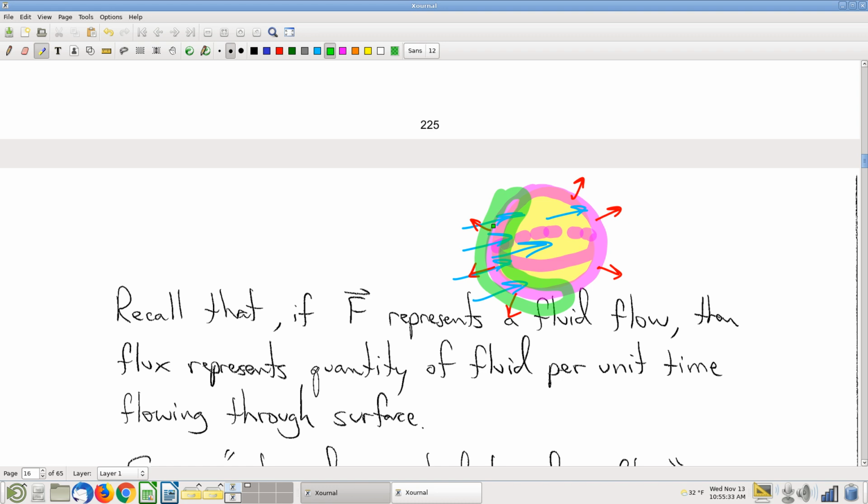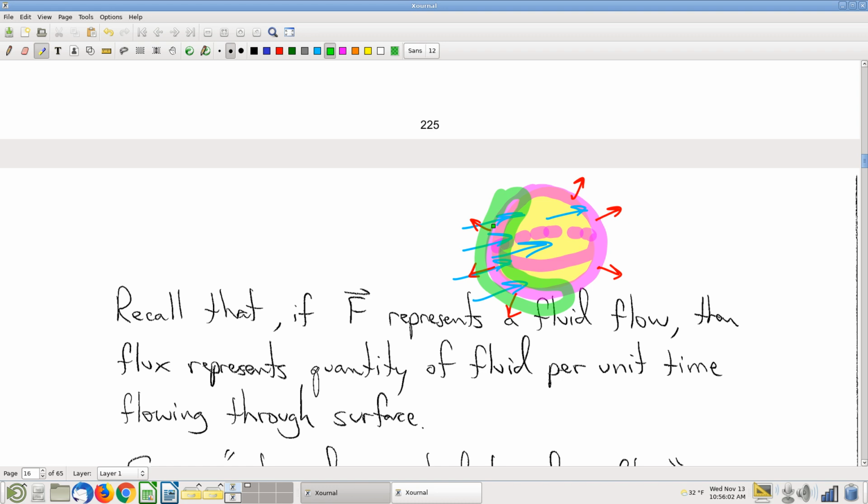of the solid, right? So whether it's flowing in or out, flux through a boundary is telling you about the rate of change of the quantity of fluid inside of your region. So it's a way of measuring water per unit time that's leaving the region, or birds per unit time that are leaving this space, or whatever.